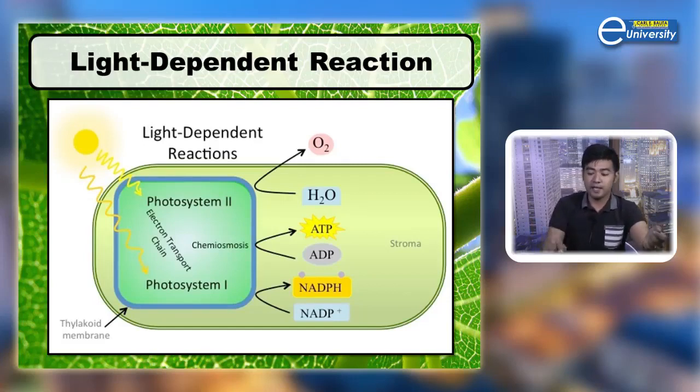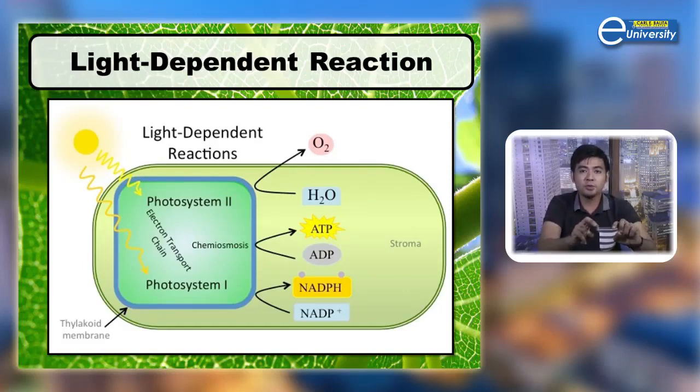And of course, in the process of chlorophyll photoactivation, we also have the photolysis. Photolysis means that with the use of sunlight, we can separate the molecules of water. As you can remember, water is a raw material in the light-dependent reaction, right?